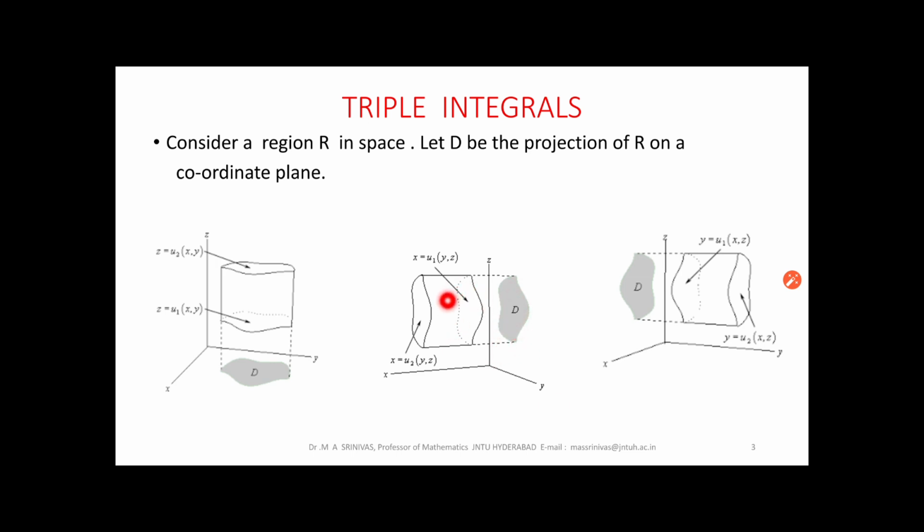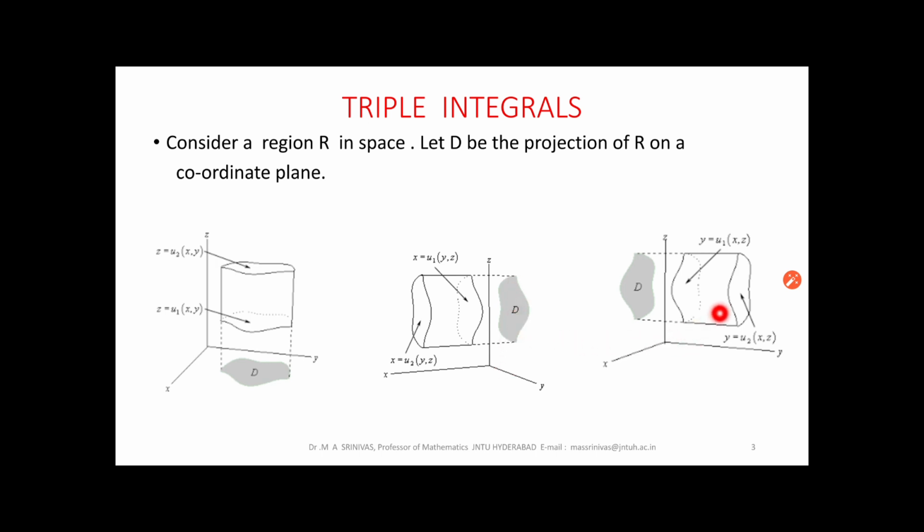So, in this region, if you take any point whose coordinates are x, y, z, this x coordinate is always in between x is equal to u1 and x is equal to u2. u1 and u2 are both functions of y and z. And the other two coordinates, y and z, will move in the domain D, which is the projected region of this R on the yz plane.